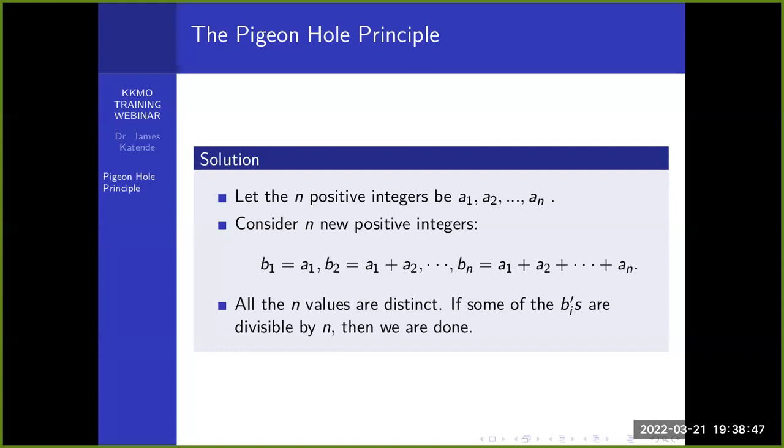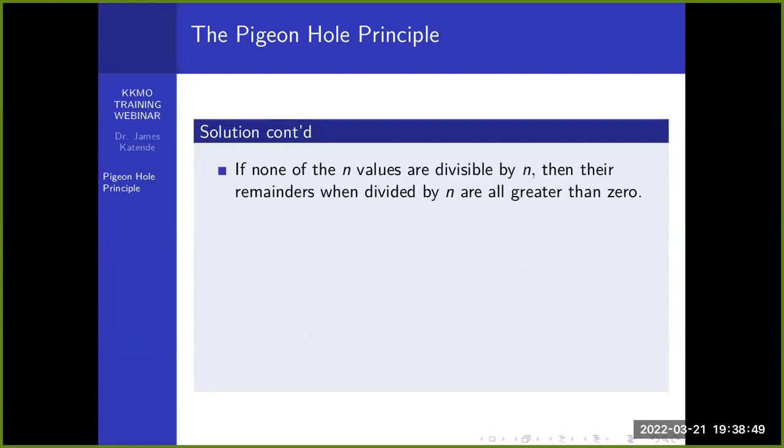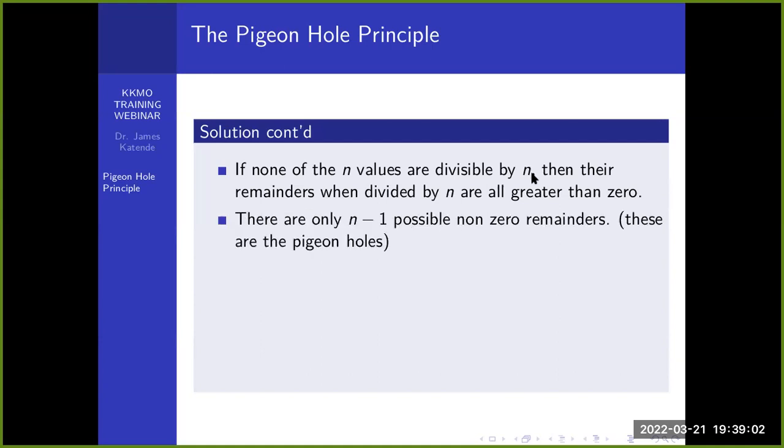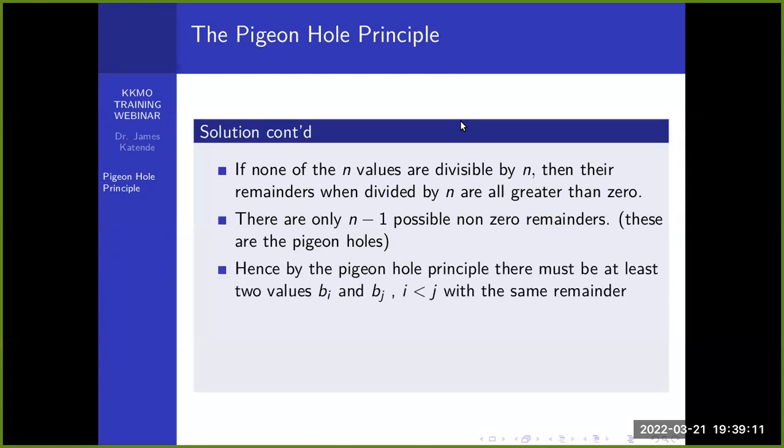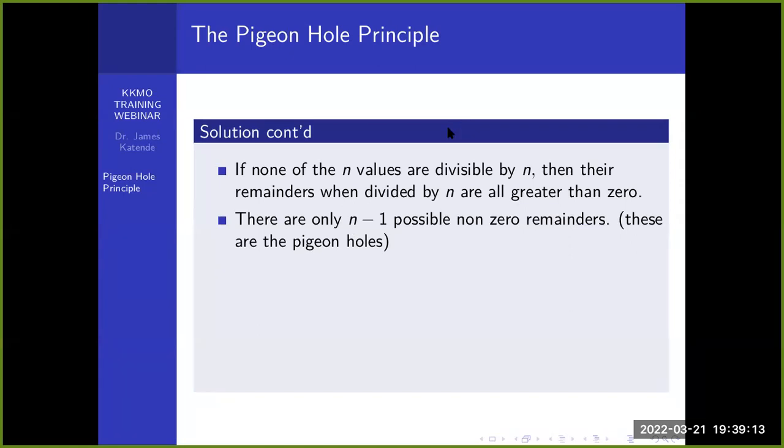So if none of them are divisible by n, then their remainders when divided by n are all nonzero. Now, anytime you divide a number by n, the largest possible remainder you can get is n minus 1, right?